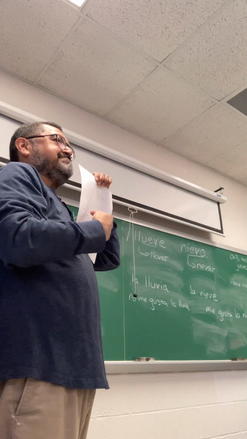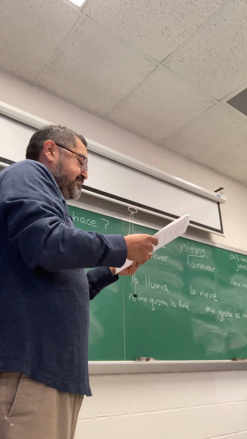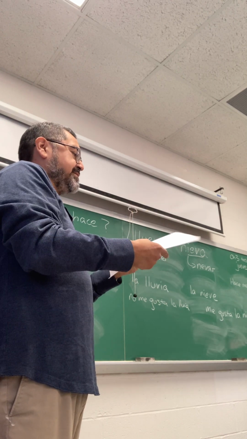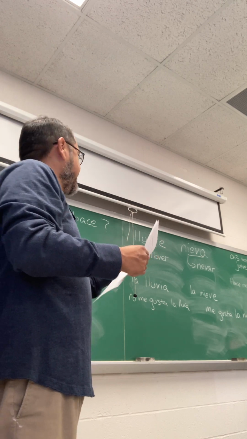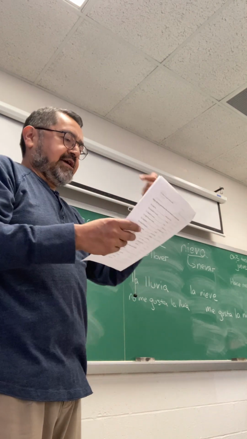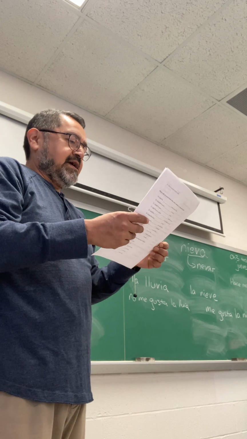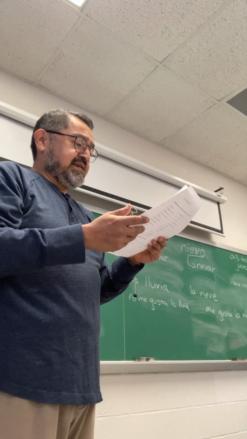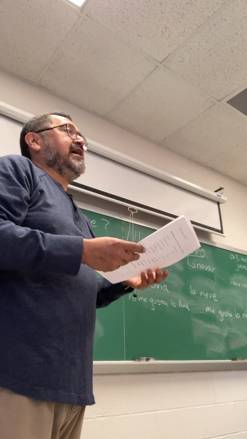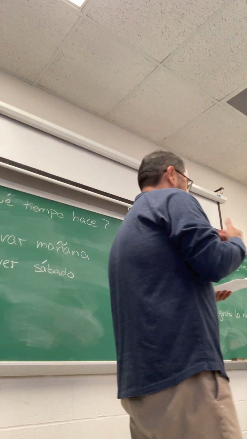Just fill in the blank, okay? Choosing between saber and conocer, all right, which one you would use, and being able to conjugate them. And then, as I said, most of this is vocabulario.